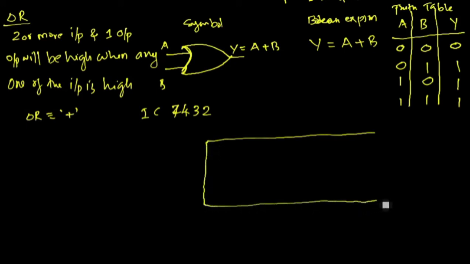If you consider the pin diagram of this IC, which actually consists of 14 pins, that is 1, 2, 3, 4, 5, 6, 7, 8, 9, 10, 11, 12, 13, 14. Here also you can see a cut at one end. Hold this to your left side, then count from the left.